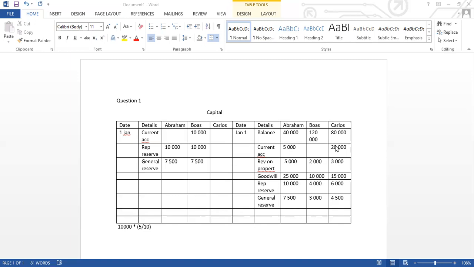When we balance, we add the debit side the same way we balance other ledger accounts. We add up and compare the sides. Abraham, if you compare Abraham's debit and credit, which side is bigger? Obviously the credit, right? Okay, so the credit is how much? What is the total on the credit side?